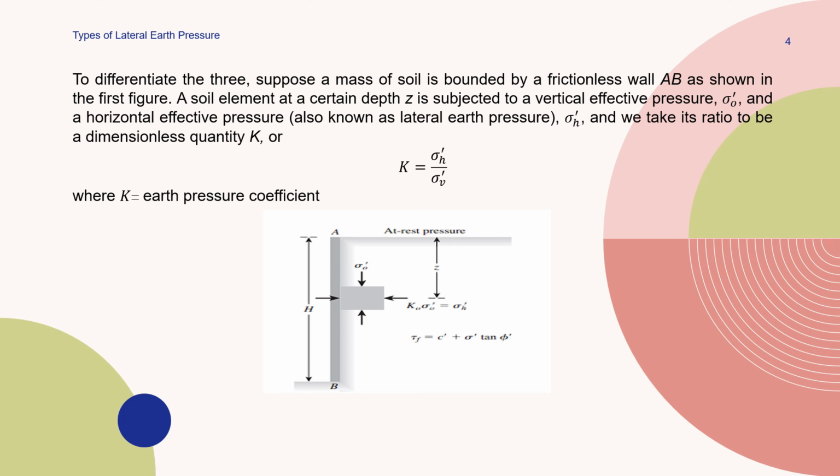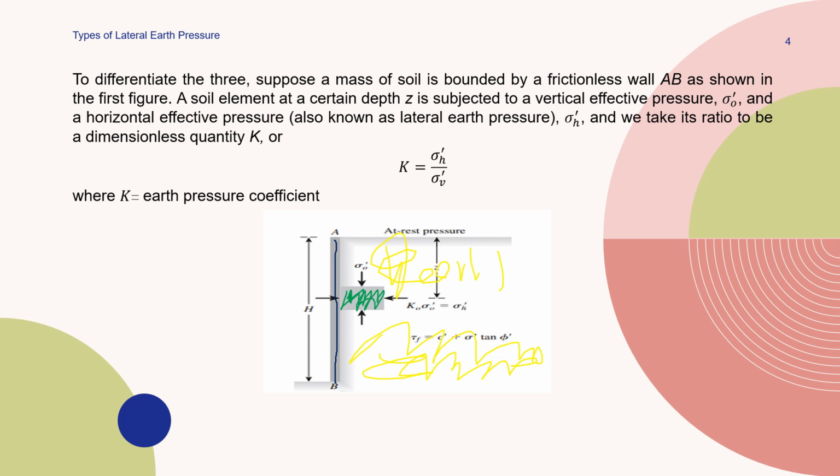Suppose we have a frictionless wall AB which retains a soil mass on its right side. Suppose we take a soil element.